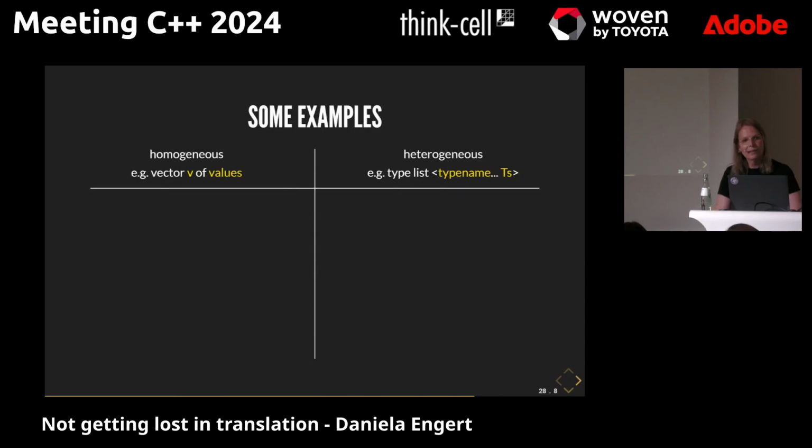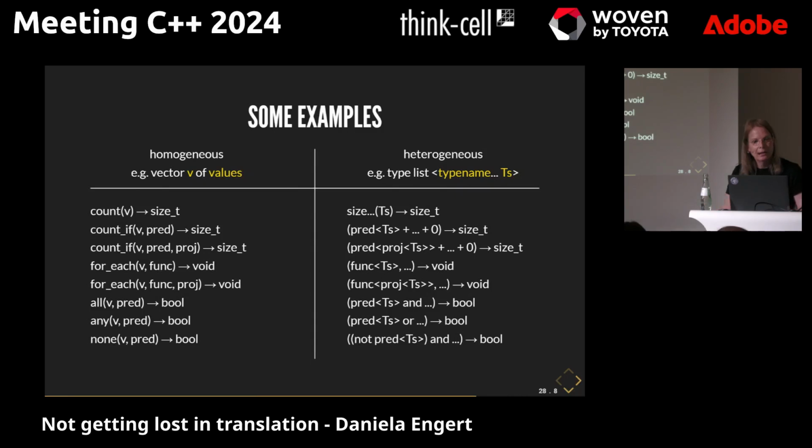Let's compare homogeneous sequences like a vector of values and heterogeneous sequences like a type list, a list of types. We have a subset of algorithms that we can use.